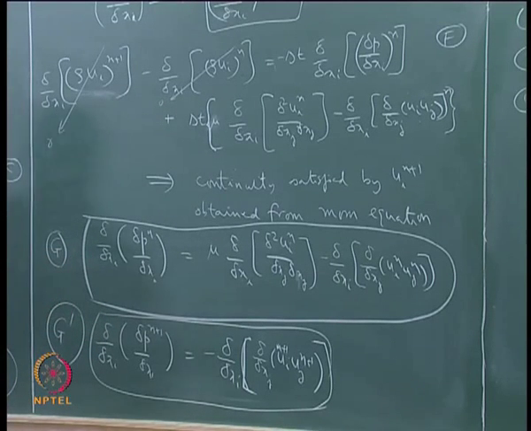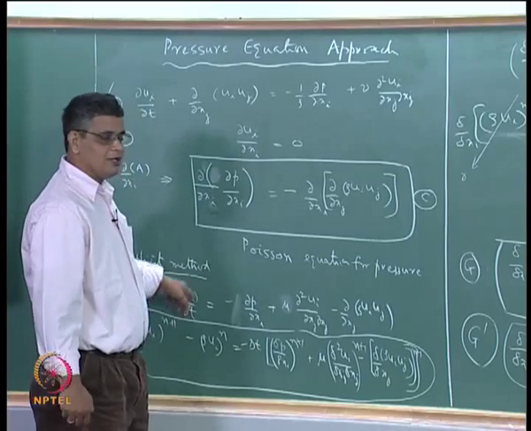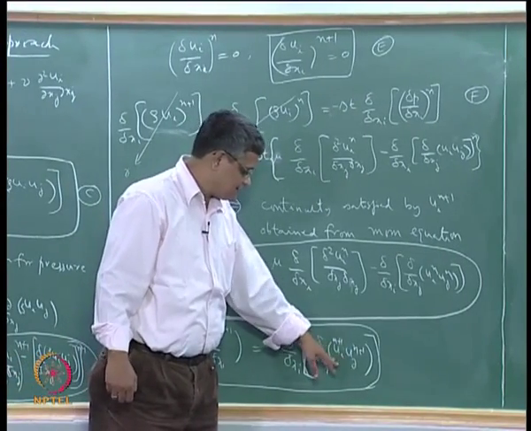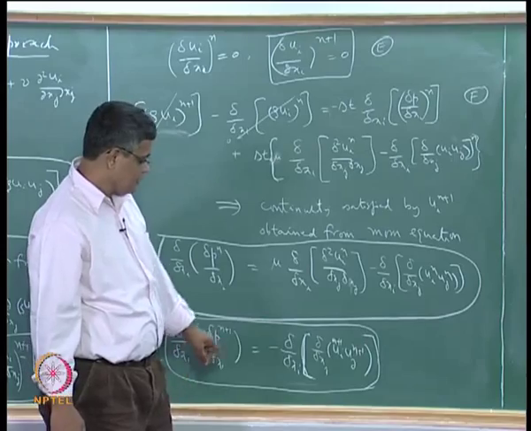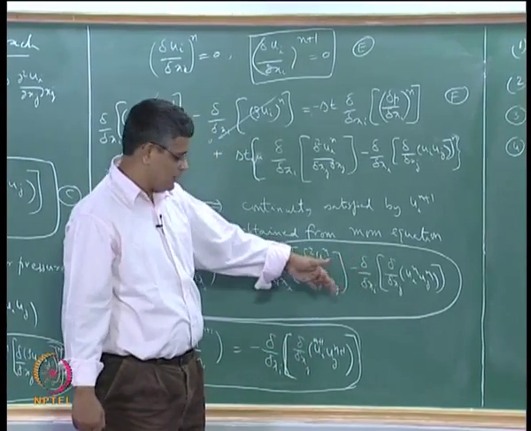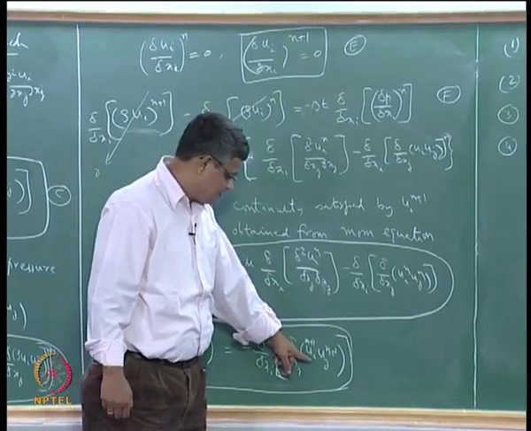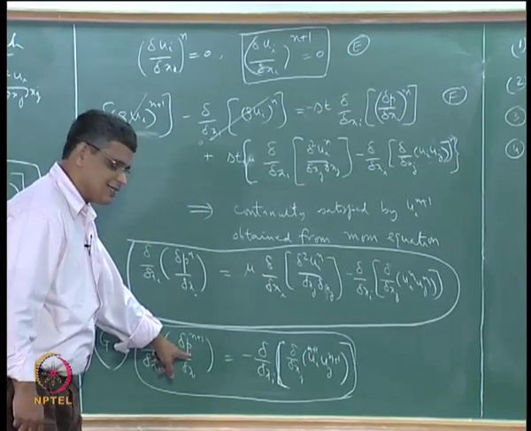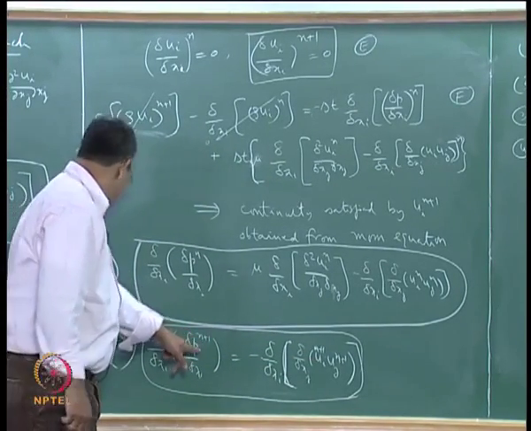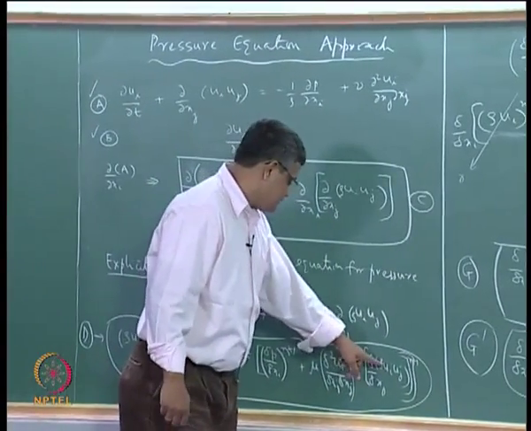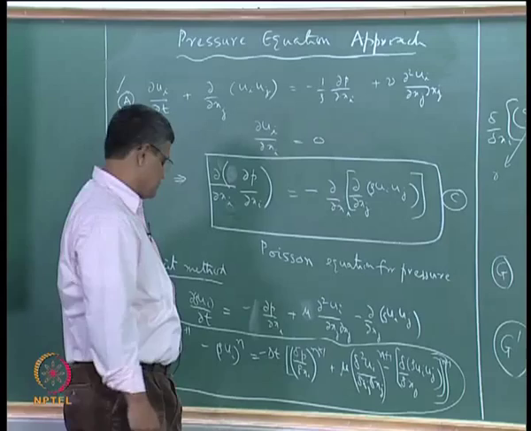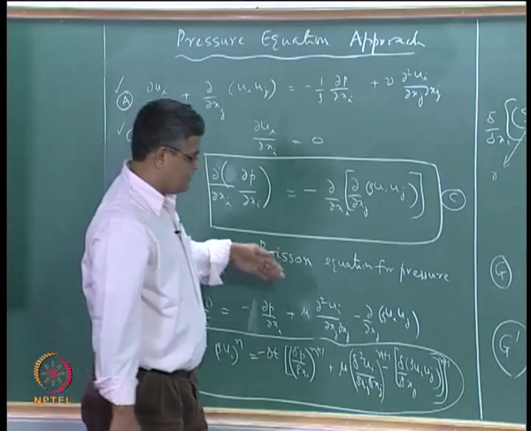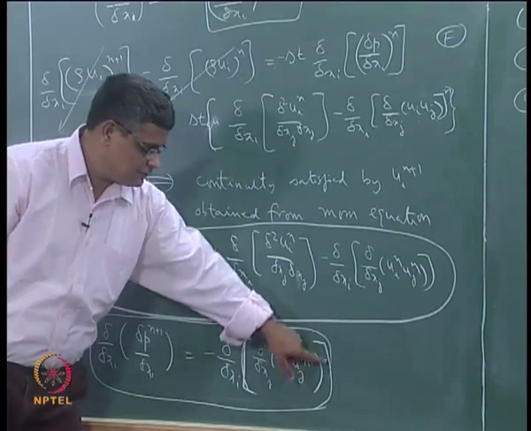So that means that as you go from time n to n plus 1, first of all you have nonlinearity, so you have to linearize some of the terms that appear here, and then you have to start with some guess value, maybe from the previous iteration, using maybe u star, and using the u star you get a p star, and you supply the p star here, and you can maybe take some of these things onto the right hand side, and then you will be able to get a new value of velocity and use the new value of velocity here to reevaluate the right hand side.